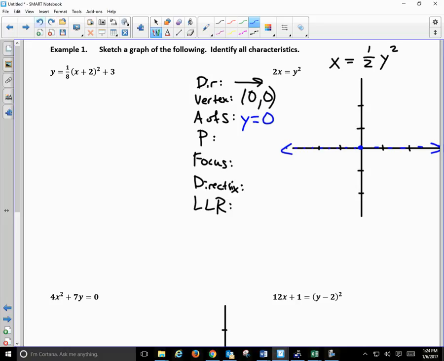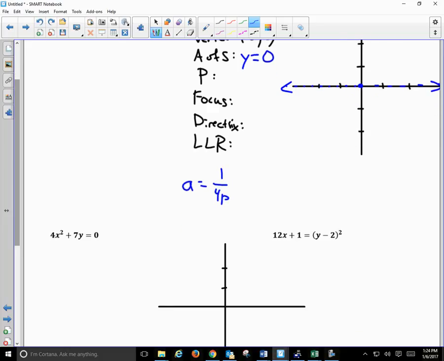So here is where we get to where Carter says, hey, I need some help there, right? We always start by finding the p-value. What's our equation to find p? a equals 1 over 4p. So what is our a value? 1/2 equals 1 over 4p. Can anybody see what p is?